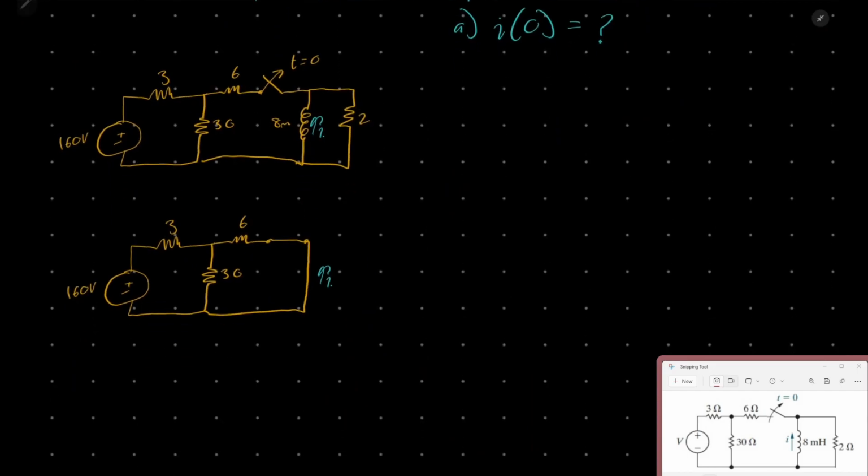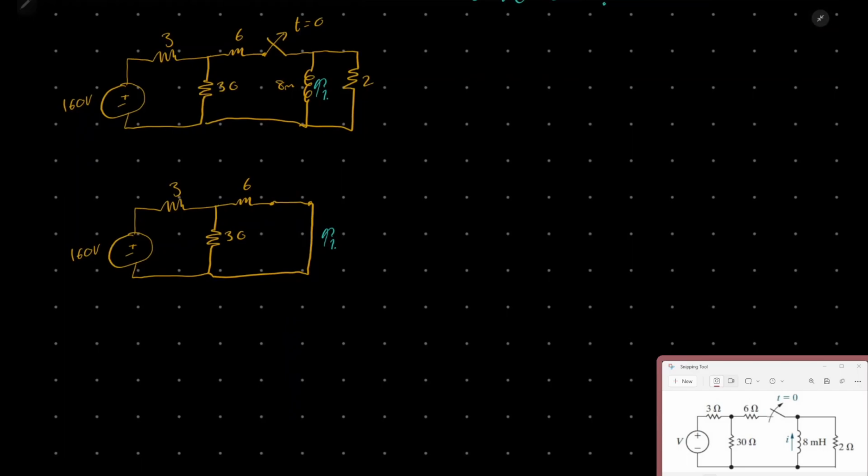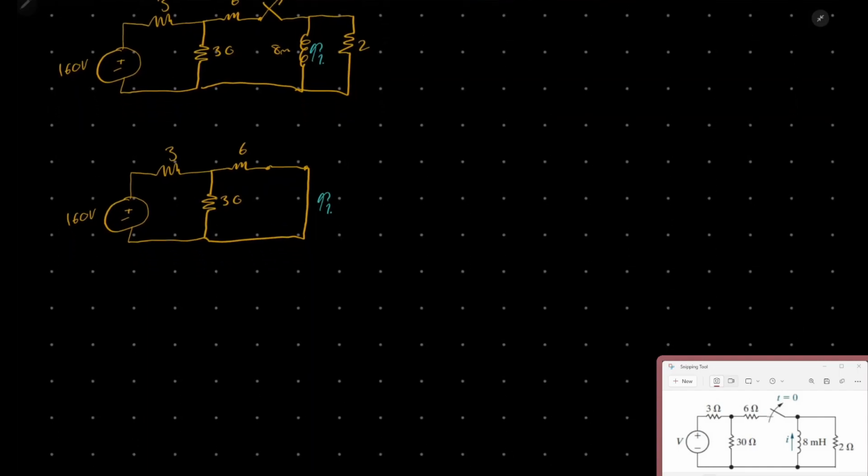Now, first thing that I would do is use a Norton transformation to turn this voltage source into a current source. So we'll take our calculator and do 160 divided by 3 to get 53.34, rounding.